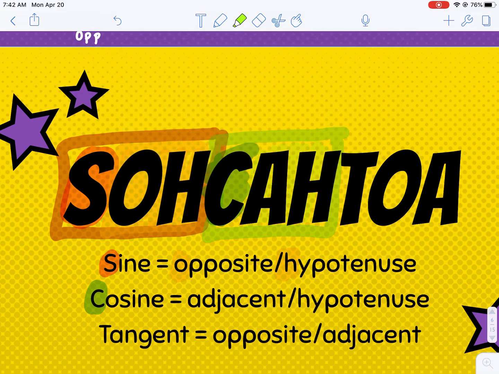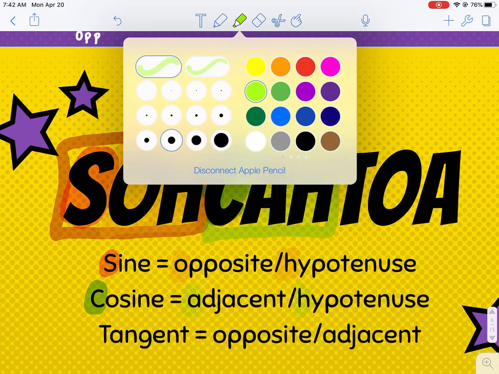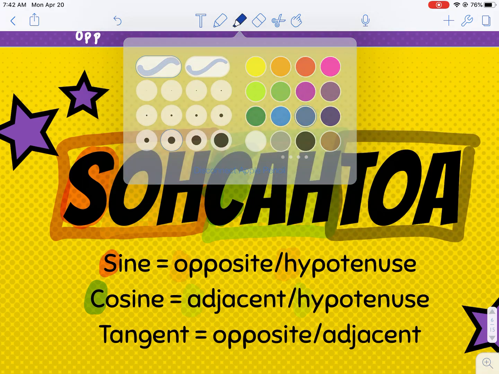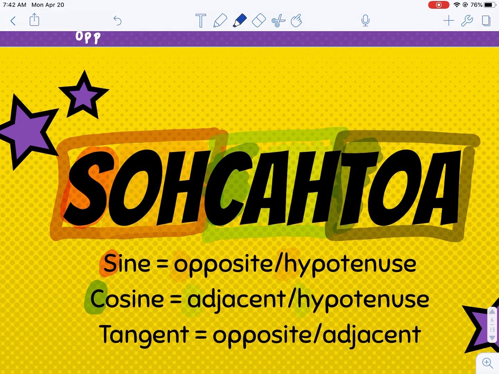And then the next two letters, AH, stand for adjacent hypotenuse. TOA helps me remember tangent because the T stands for tangent, and tangent equals OA, opposite over adjacent.